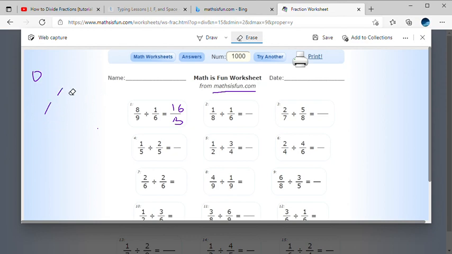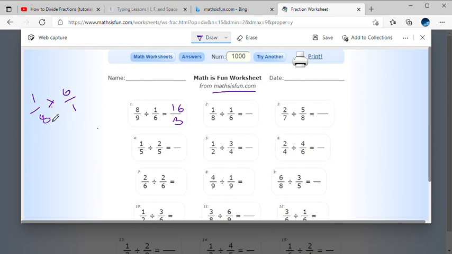Alright, let's go to number 2. It's 1 over 8 being divided by 1 over 6. We put the multiplication sign and then reciprocate, so it'd be 6 over 1.